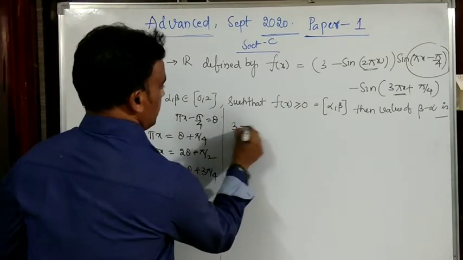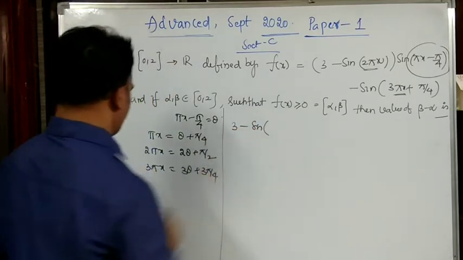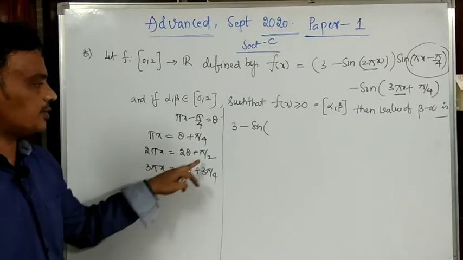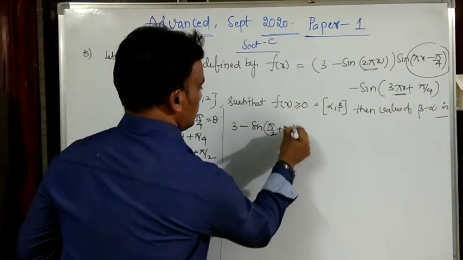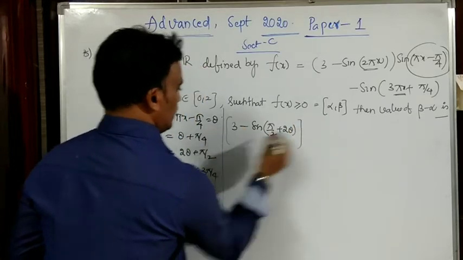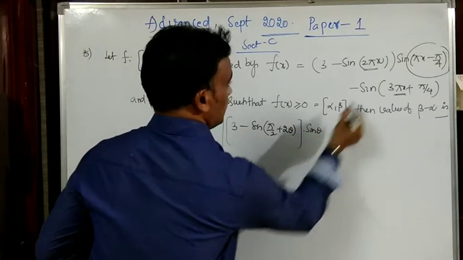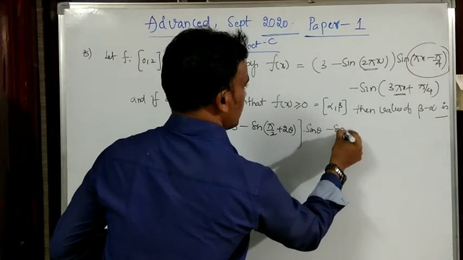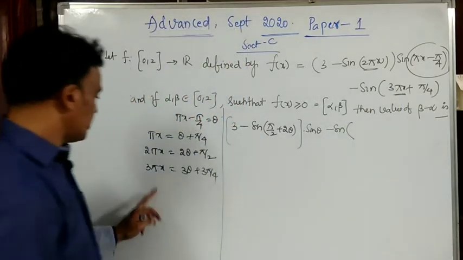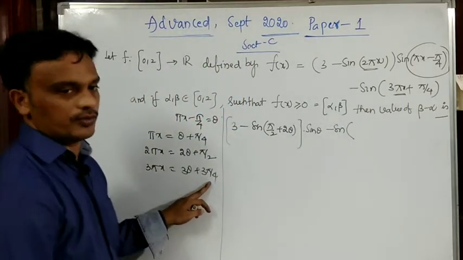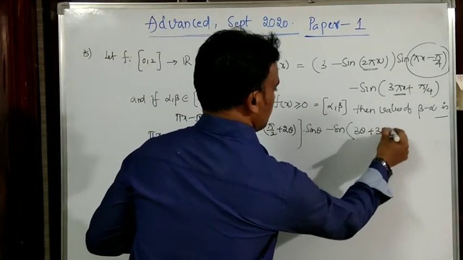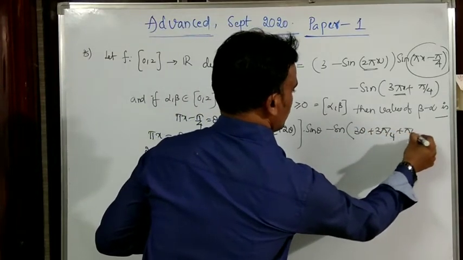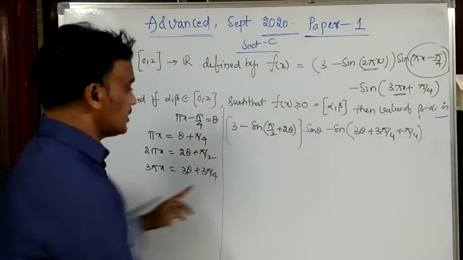3 minus sin 2πx. What is 2πx? 2 theta plus π/2. So it is sin(π/2 plus 2 theta) times sin theta, minus sin 3πx. What is 3πx? It is 3 theta plus 3π/4 plus π/4.